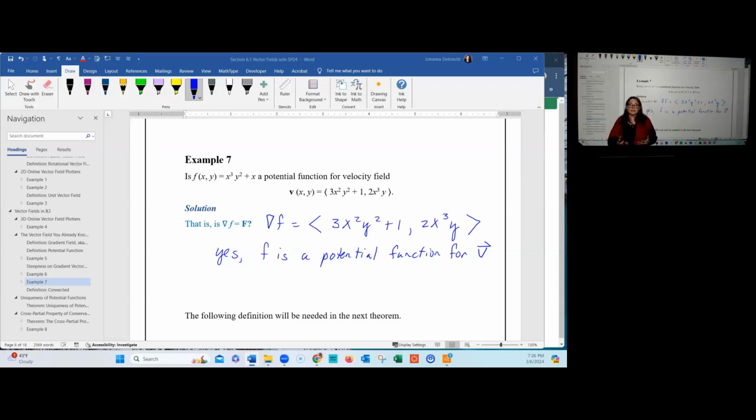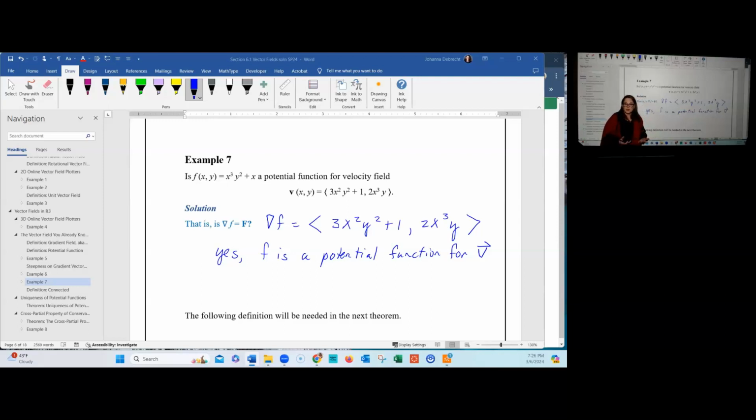The velocity vector field is called a velocity vector field because the vectors represent the velocity of some type of flow at a particular point. Because the gradient of the function f is the vector field, we would say that f is a potential function for that velocity vector field.